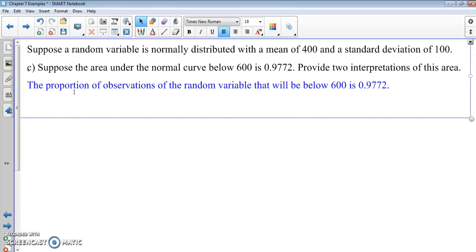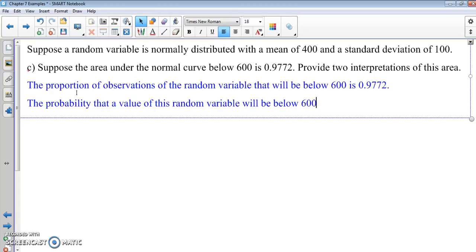So there's our proportion one. Or we can say the probability that a value of this random variable will be below 600 is 0.9772. So we can talk about proportions or we can talk about probabilities.